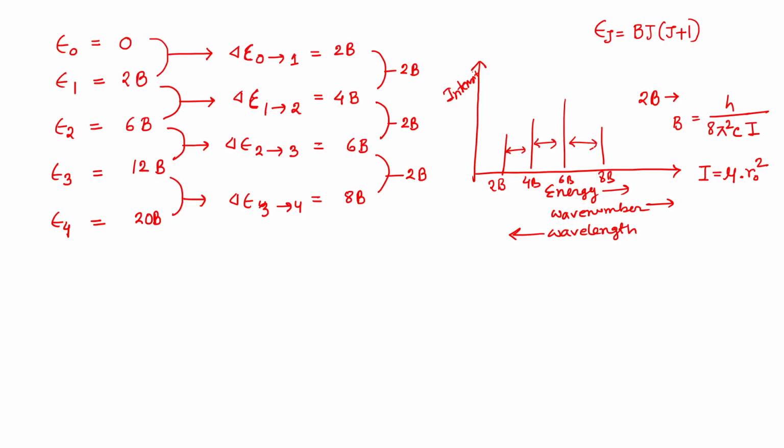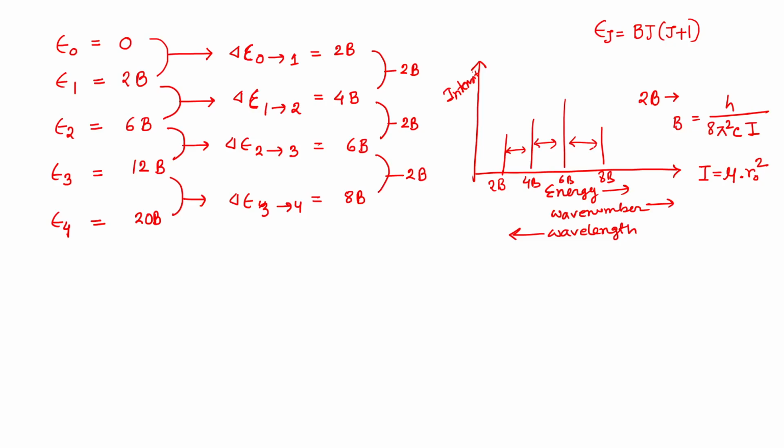Yes. So here we are taking an approximation that the bond in, suppose, a diatomic molecule is rigid, so that there is no change in the bond distance. That is your rigid rotor.